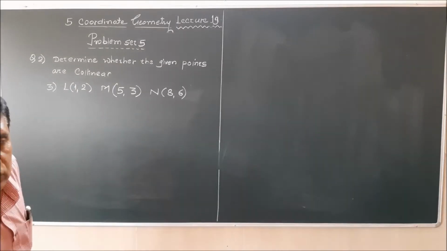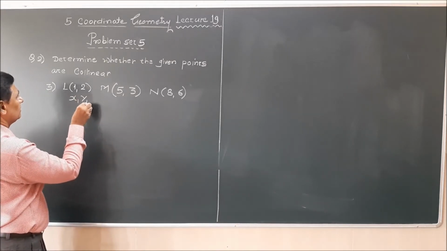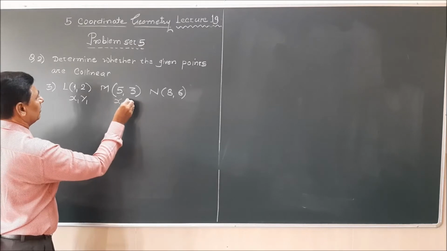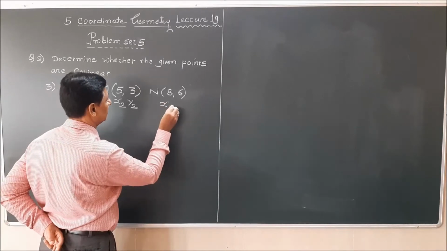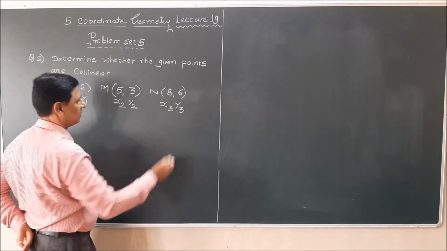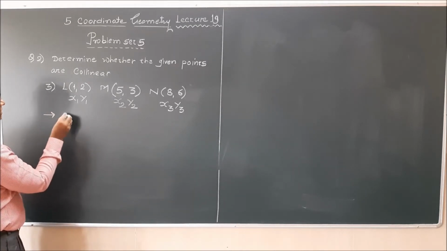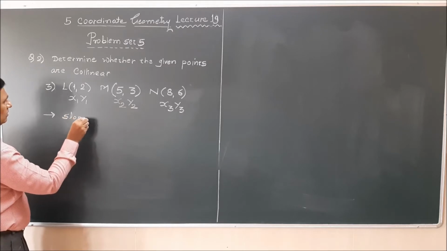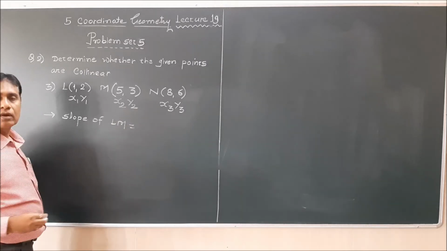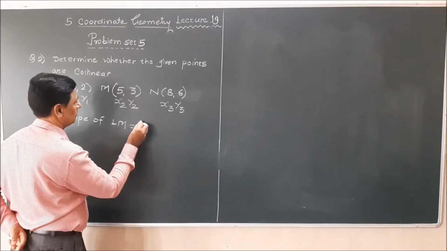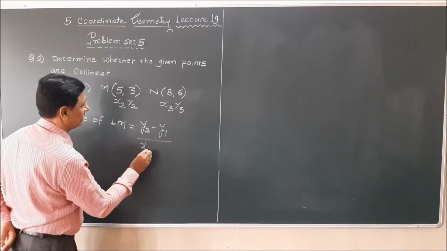What we will do as our first step is label them as x1, y1, coordinates of M as x2, y2, and coordinates of N as x3, y3. Now let's find out slope of LM. So slope of LM is equal to y2 minus y1 upon x2 minus x1.